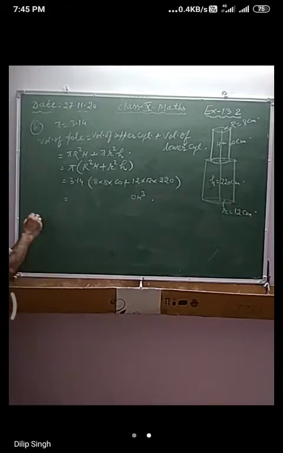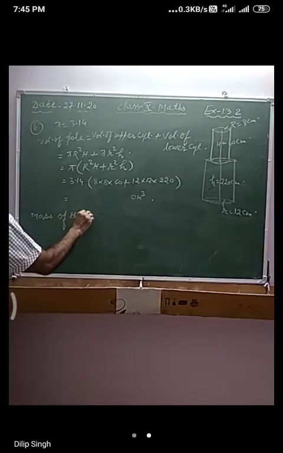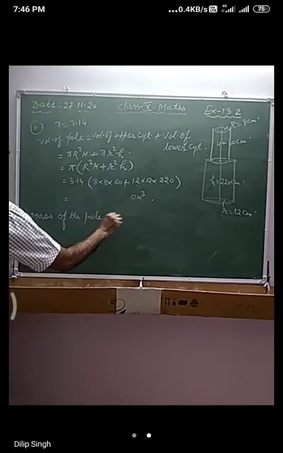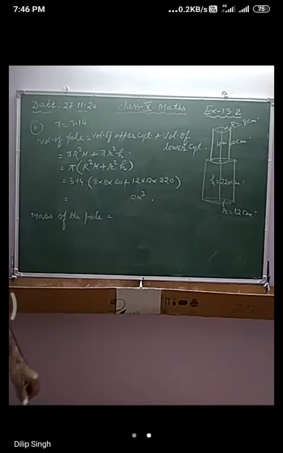Then how will you find out mass? So mass of the pole will be equal to, its density is given 8 gram na. So mass will be equal to volume into density. You have already studied in class in science.